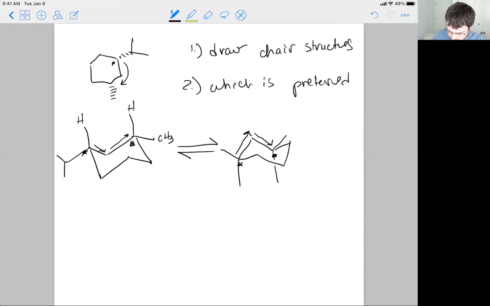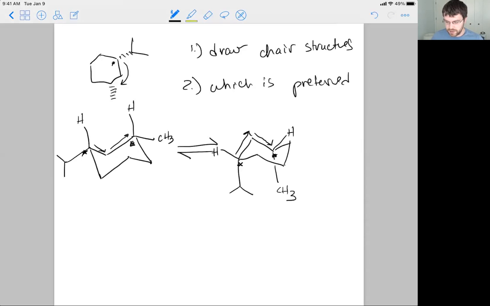Now in the chair flip, we're going to have the isopropyl group pointing down in the axial position. Remember, the up-downness of the structure remains the same. So the hydrogens are both up, which is easy to tell from the fact that our correctly drawn axial positions are both pointing downwards. Okay, so we have chair structures.